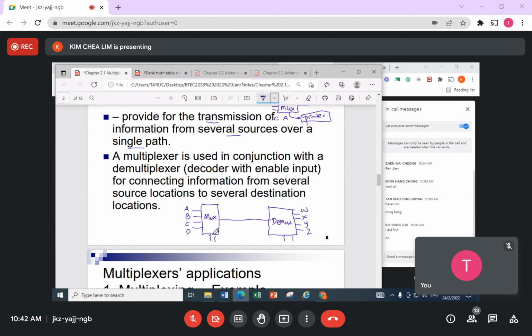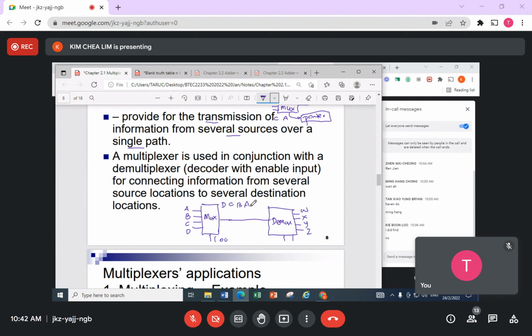All right. So if the selector here indicates 0, 0, A will be passed on to here, followed by 0, 1, B will continue. So A information first, then B information, C information, D information are going to be sent to these 4 different destinations in this case. Now, it depends on the selectors over here.